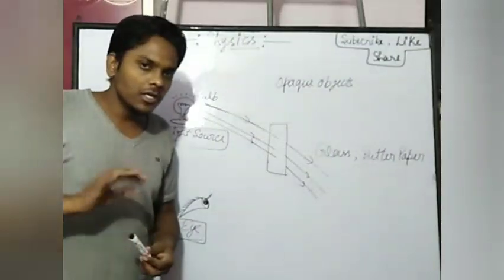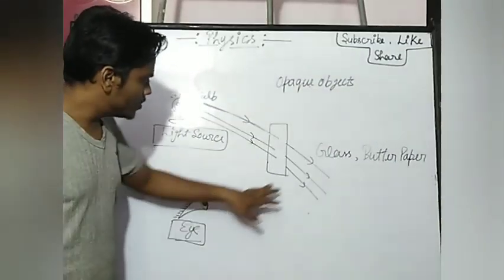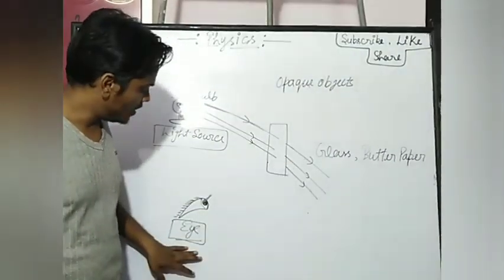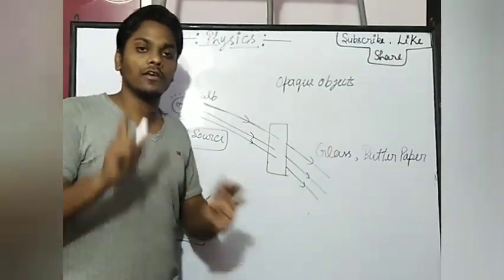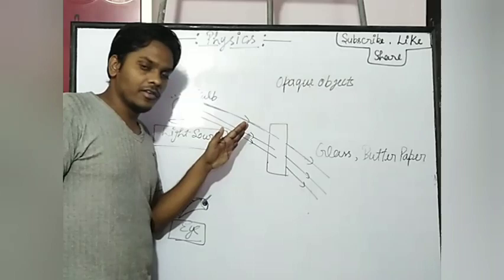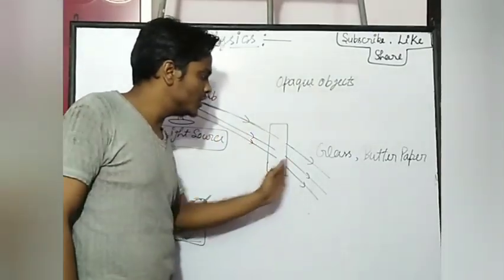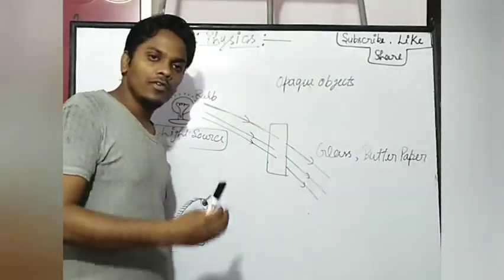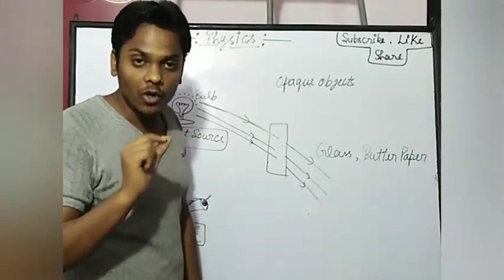Then the question is obvious: are we able to see this glass? See, here is the point: if light passes through the object, then we are not able to see that object.